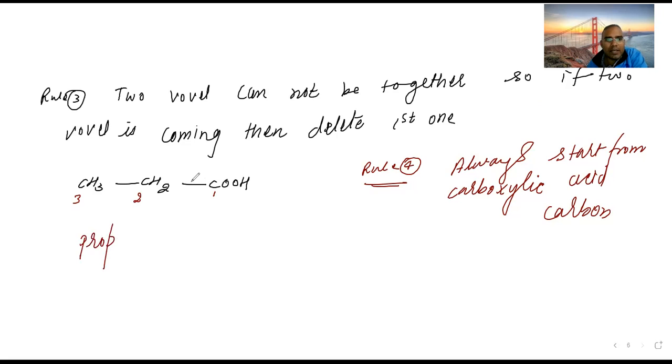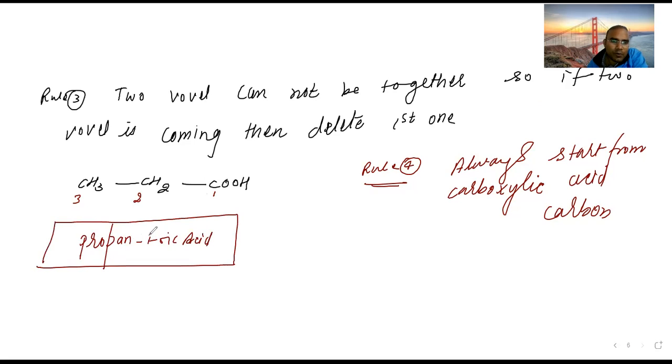Then what kind of bond? Single bond, so propane. On the first position, the COOH group is there, so the name will be propane 1 oic acid. Since the position of the COOH group is 1, you can also write propanoic acid.